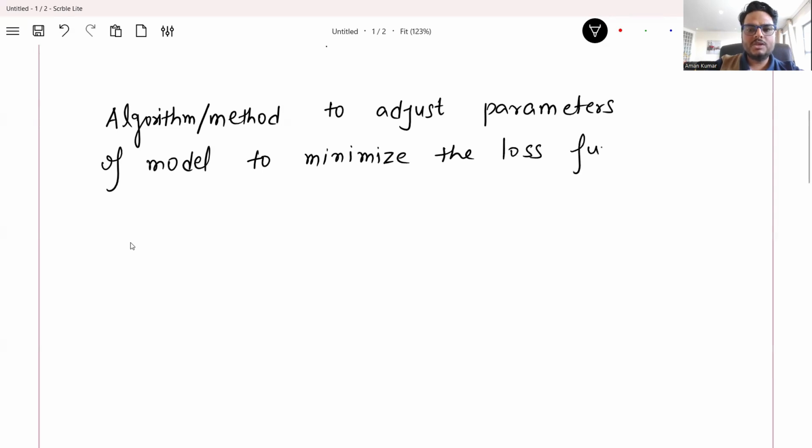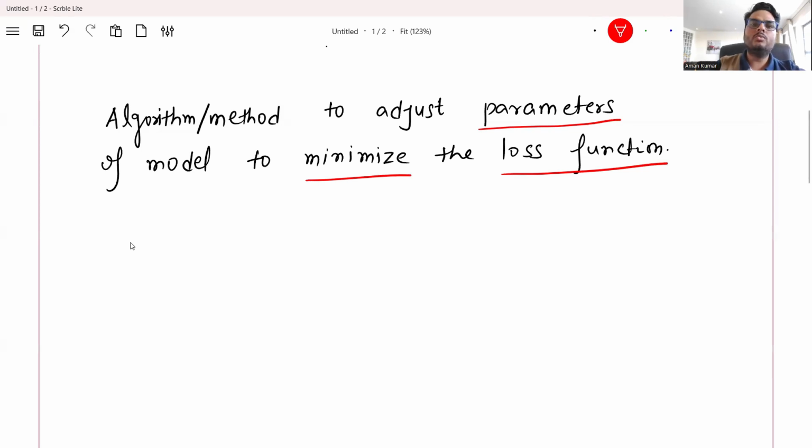Here I have written some keywords knowingly, and I want you to be absolutely clear on what these keywords are. I'll just highlight them: parameters, minimize and loss function. These three things are very critical, and let's be absolutely clear on what I mean by parameters first. What are parameters of a model?